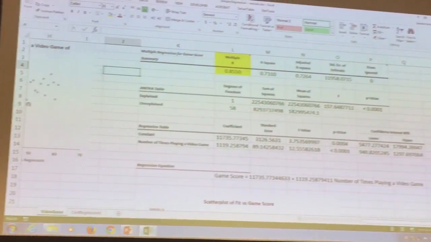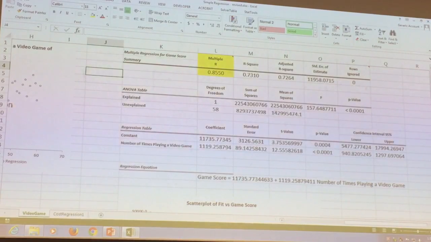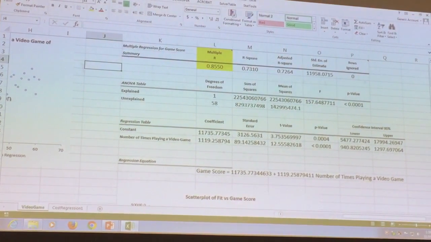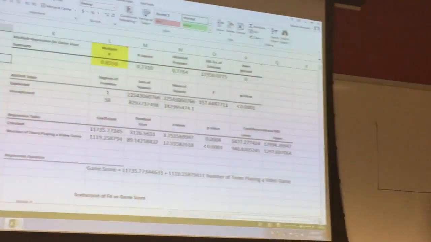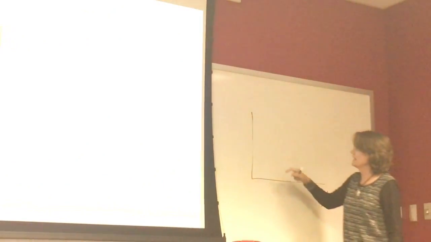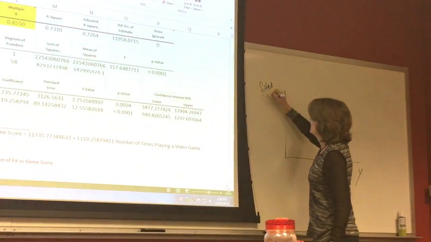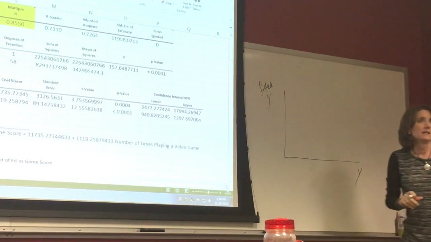Multiple R, the correlation, we get from plotting our actual Y, what happened, against our fitted or predicted, you can call it either one, Y. Okay?